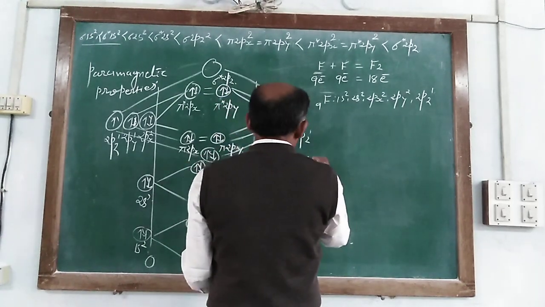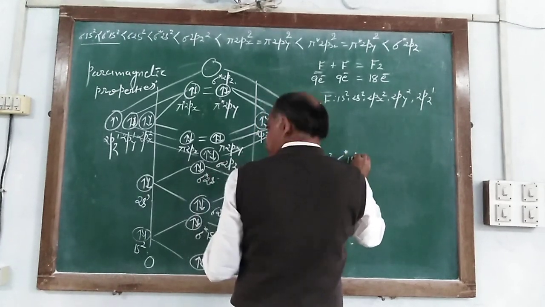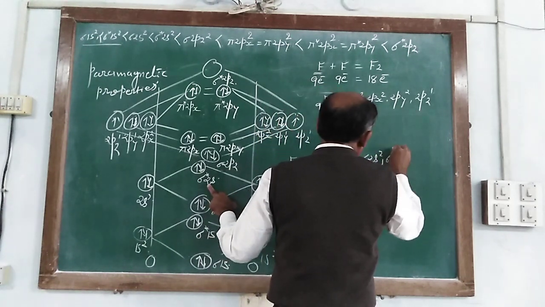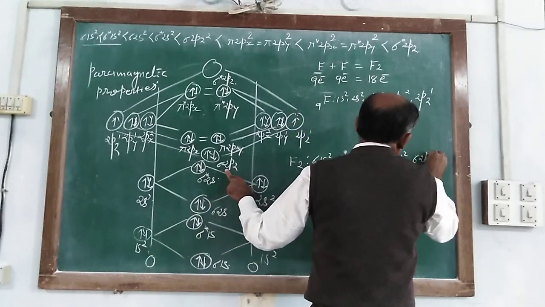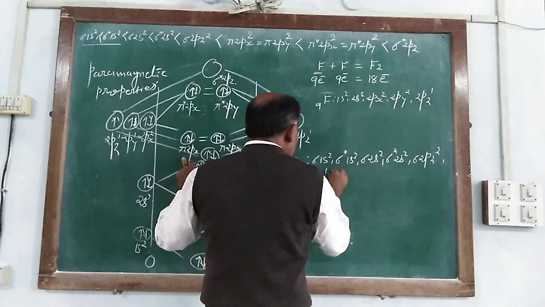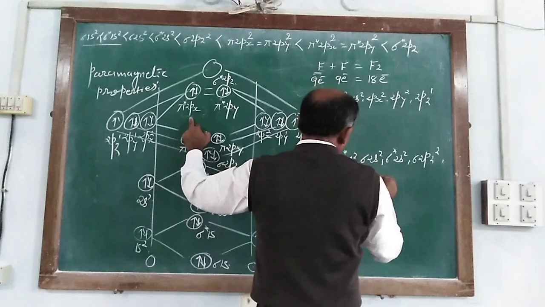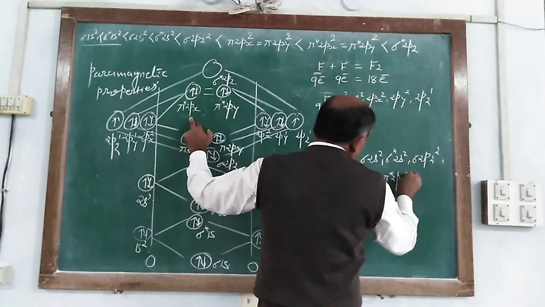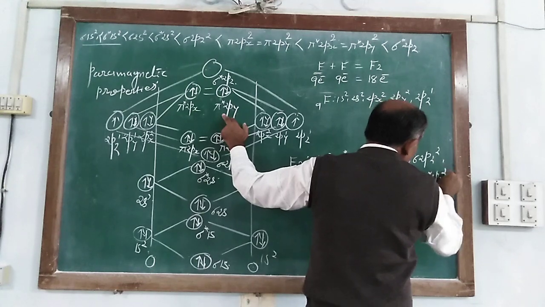It is sigma 1s2, sigma star 1s2, sigma 2s2, sigma star 2s2, sigma 2pz2, pi 2px2, pi 2py2, and pi star 2px2 and pi star 2py2.